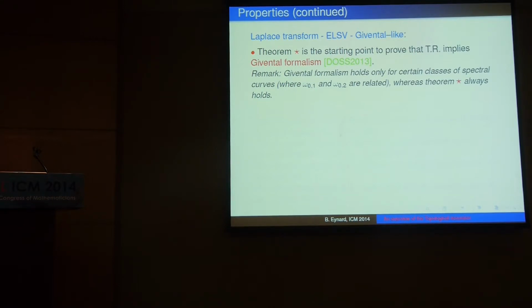It corresponds to Givental formalism only when omega 0 1 and omega 0 2 are related by a certain relationship, which I'm not going to explain here, but very often it implies Givental formalism. But in fact, the star theorem is more general. It holds even if there is no relationship between omega 0 1 and omega 0 2. But in some sense, people consider that it's more or less equivalent to Givental formalism. This sum over graphs is the same as in Givental.